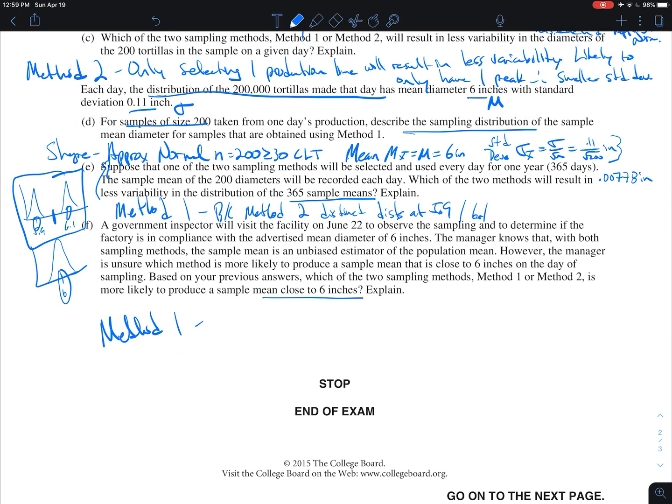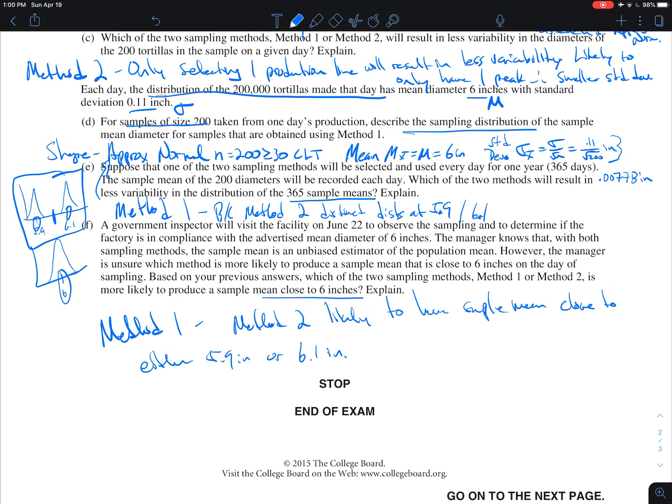So method 1, for all the reasons we said, or again because method 2 is likely to have a sample mean close to either 5.9 or 6.1 inches.